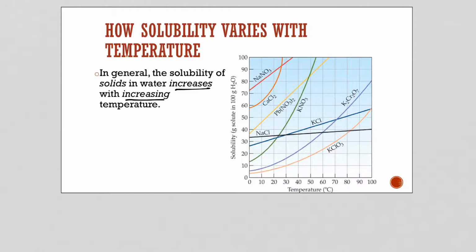So if we look at the curves, we notice that they have different shapes. Some of them are very steep, so the solubility goes way up with temperature. Other ones are pretty flat. They go up, but very slowly. So if we take two ionic compounds on this graph, we can compare something like potassium nitrate, which dramatically increases.